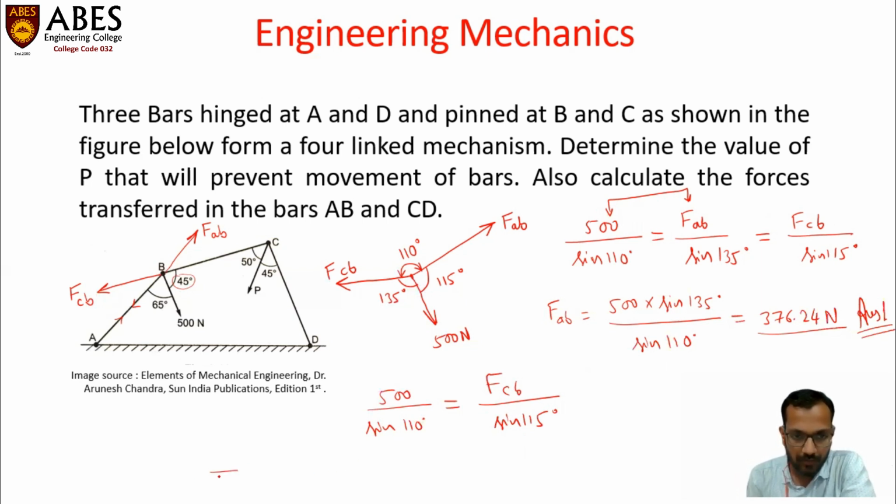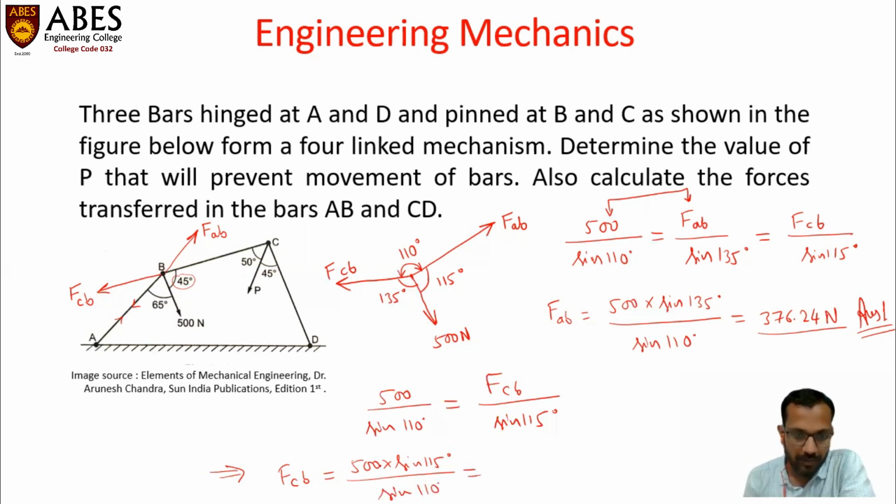By this, we can conclude that FCB is equal to 500 into sine 115 degrees upon sine 110 degrees.